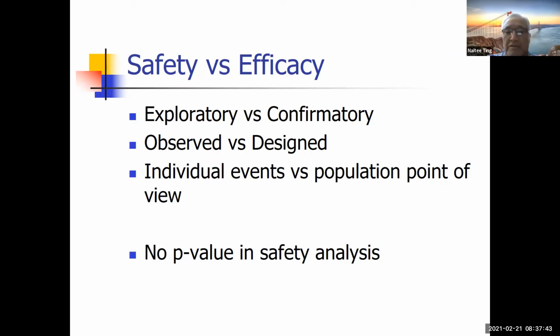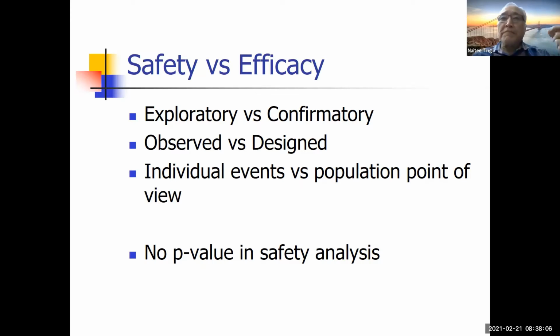From this understanding, we know p-value makes no sense in safety analysis. If you go to different teams, different companies, there's always an argument about putting a p-value in safety analysis or not. When people argue for a p-value in safety analysis, they want to use it to serve as a flag.